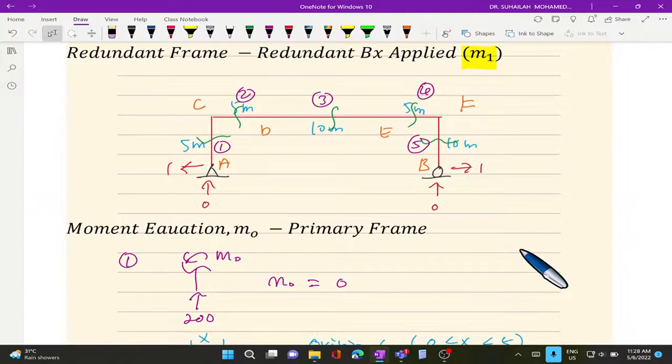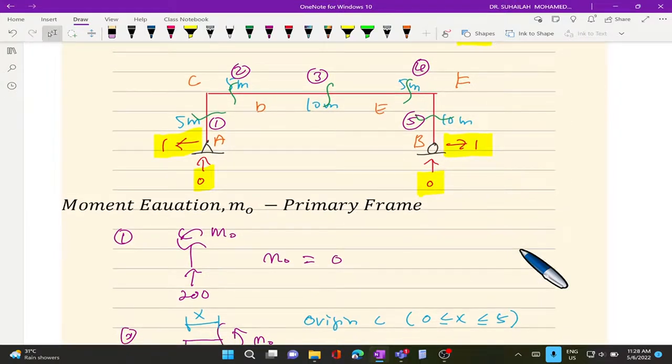Due to a unit value of BX, we have to calculate the reaction. So we get Ax equivalent to 1, and we get Ay and Dy equivalent to 0 because they need to balance.